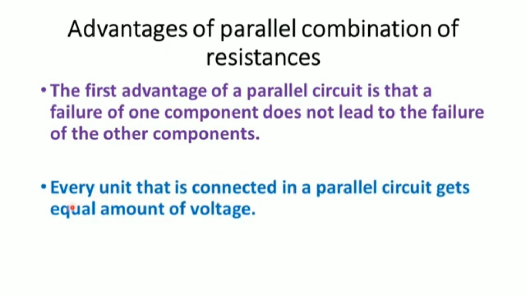And the second point of importance is that every unit connected in a parallel circuit gets an equal amount of voltage and draws current as per its requirement. That's why household appliances are connected in parallel combination.